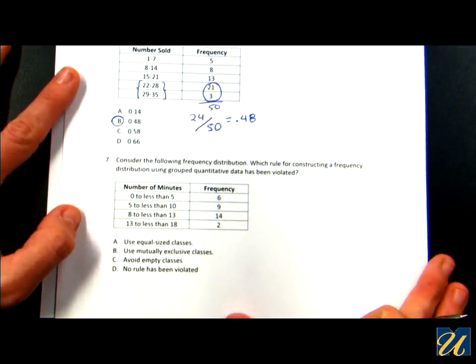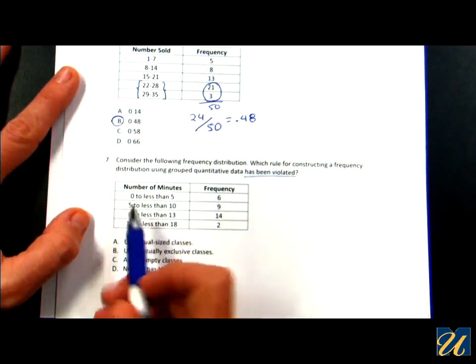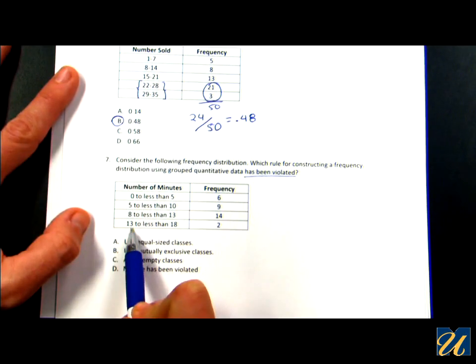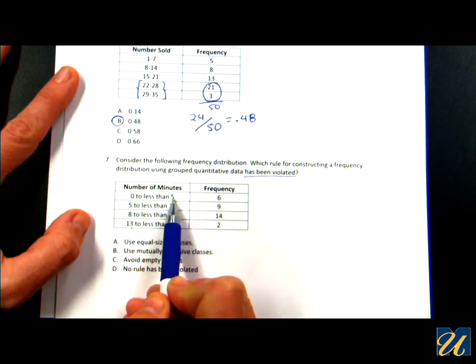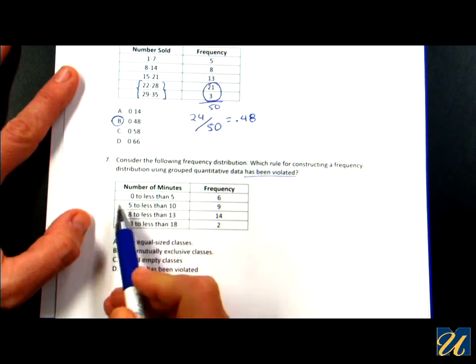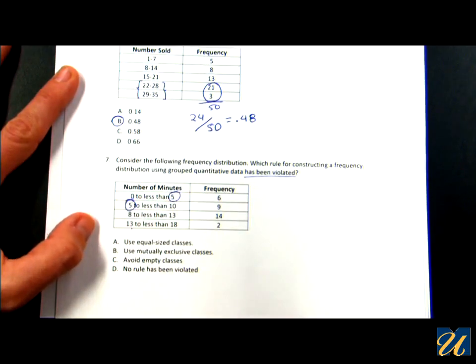Consider the following frequency distribution. Which rule for constructing a frequency distribution using grouped quantitative data has been violated? So, if we notice here, the classes are not consecutive. Your first class is from 0 to less than 5, and your second class is from 5 to less than 10. So there is an overlap right here.